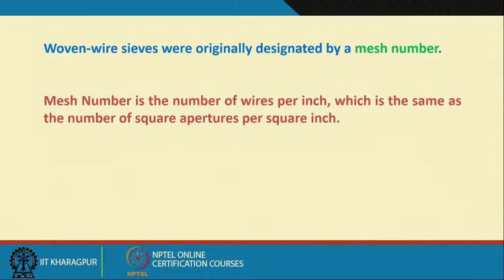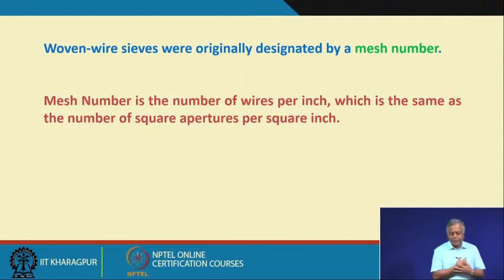Woven sieves were originally designated by a mesh number. Now, let me tell you what the mesh number is. Mesh number is the number of wires per inch, that is, how many wires you have per linear inch, which is the same as the number of square apertures per square inch.